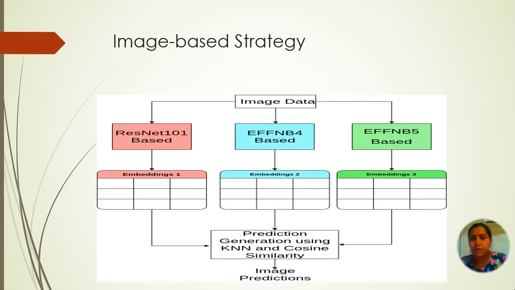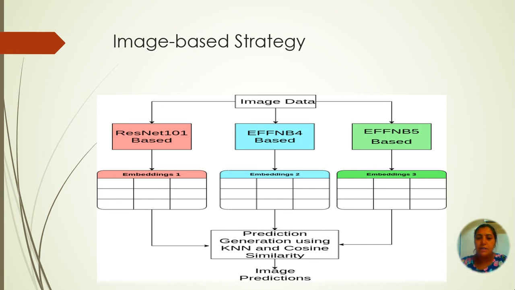I will also cover how to convert the image data and predict from the image. Suppose we have an image, and we apply a predefined CNN model like ResNet101, EfficientNet B4 and B5, and this model converts the image into a numerical format.